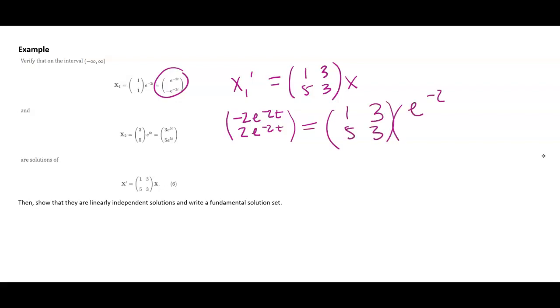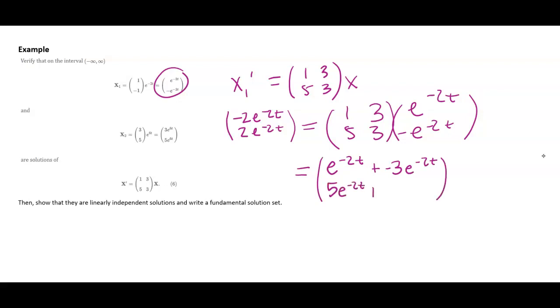this times my X. So e^(-2t) plus -3e^(-2t), and 5e^(-2t) plus -3e^(-2t) gives me -2e^(-2t), and then 2e^(-2t).